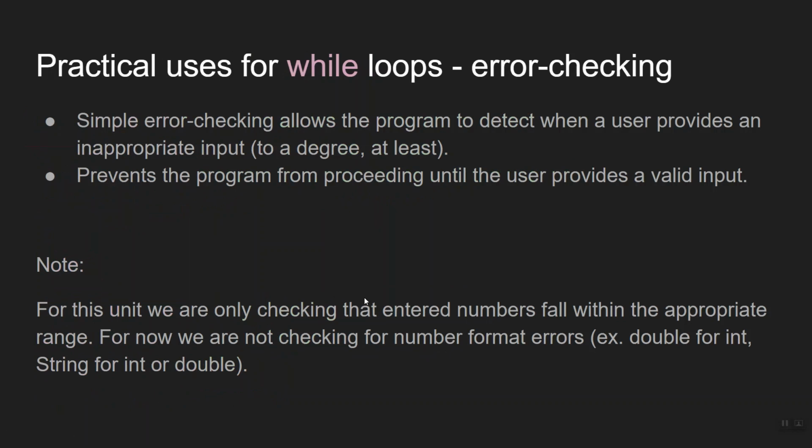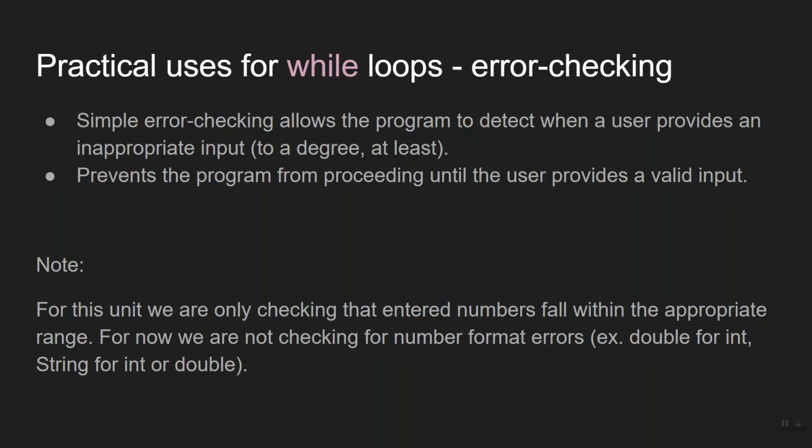So here's the other way we could use a while loop, and this is called error checking. Error checking is when you're trying to delay the program from going forward until the user performs some action correctly. There could be a number of different things you might want to error check for.